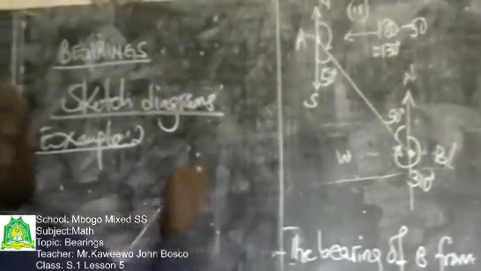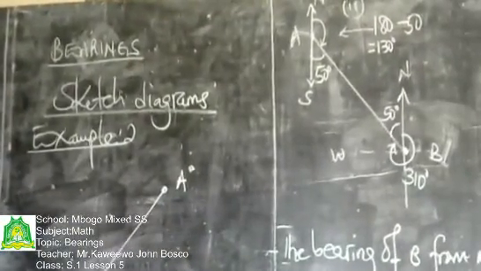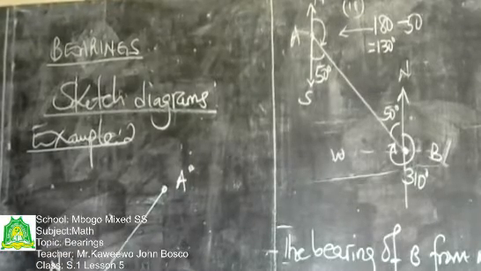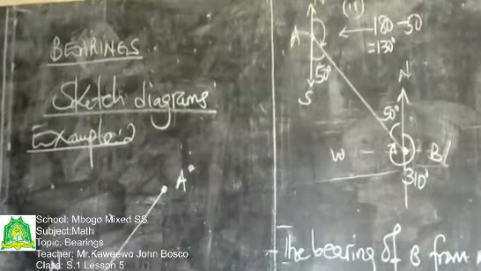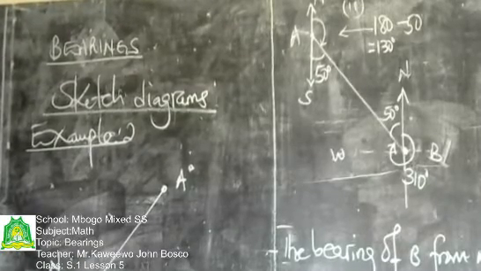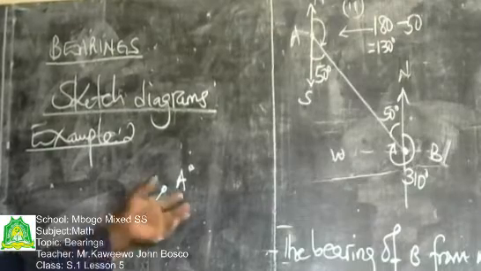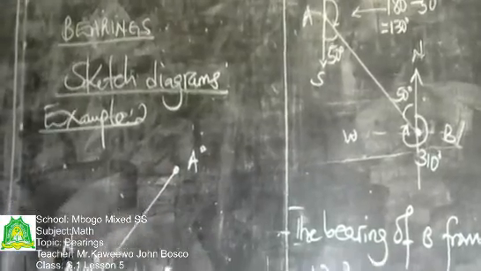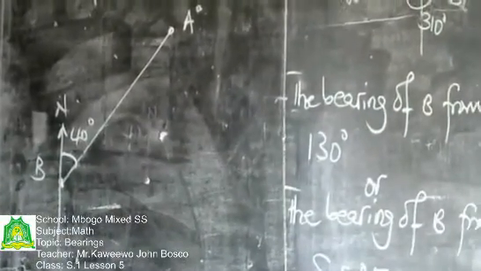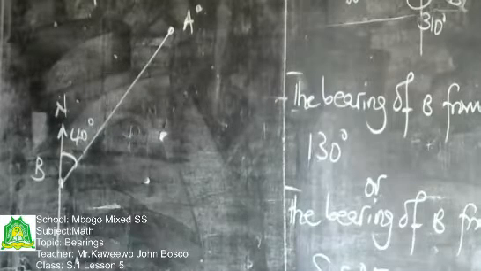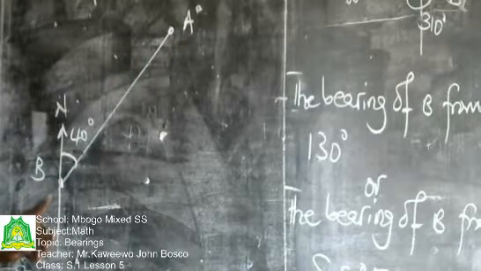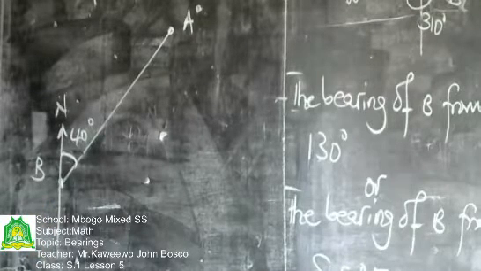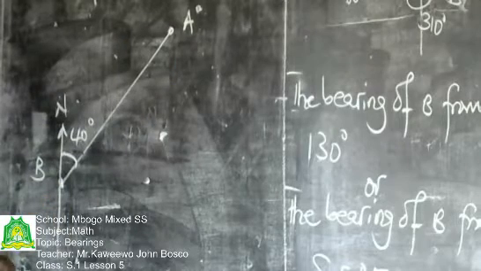We're talking about point A and then point B. If it so happens that here we have north, and this is an angle of 40 degrees, still, we can describe these two relative positions by giving the direction. Supposing I'm moving from A going to B, that will be described as bearing of B from A.